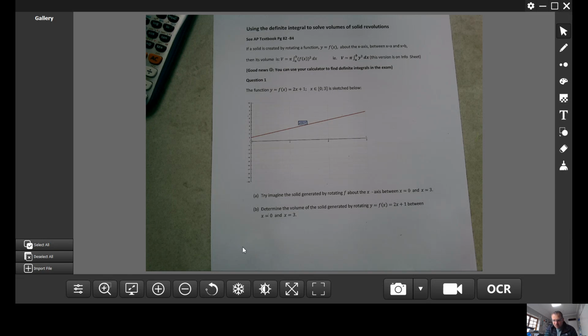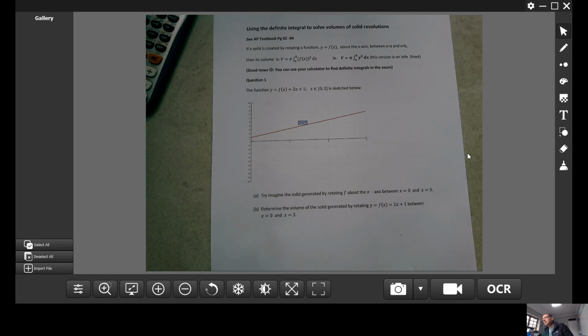Yesterday we looked at the development of the formula, which came from forming a Riemann sum, forming a whole lot of disks, letting n tend to infinity, and then finding an infinite sum of the volumes of all those individual cylinders.